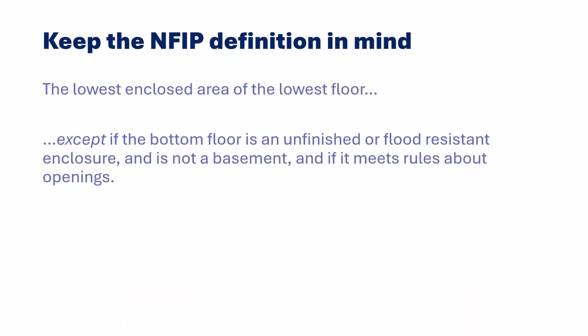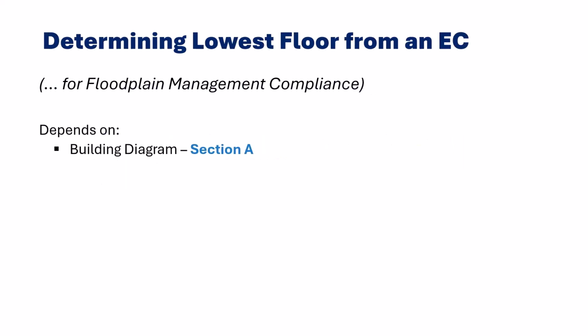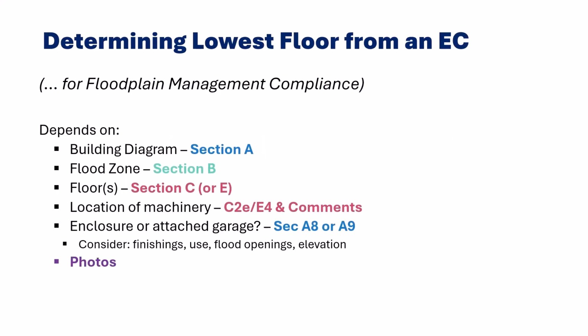You'll need to keep that lowest floor definition in mind. It's the building's lowest area enclosed by walls, unless that floor is an unfinished or flood-resistant enclosure that meets those limitations on use and rules about flood openings. That means you'll be cross-checking information found in multiple sections of the elevation certificate form.